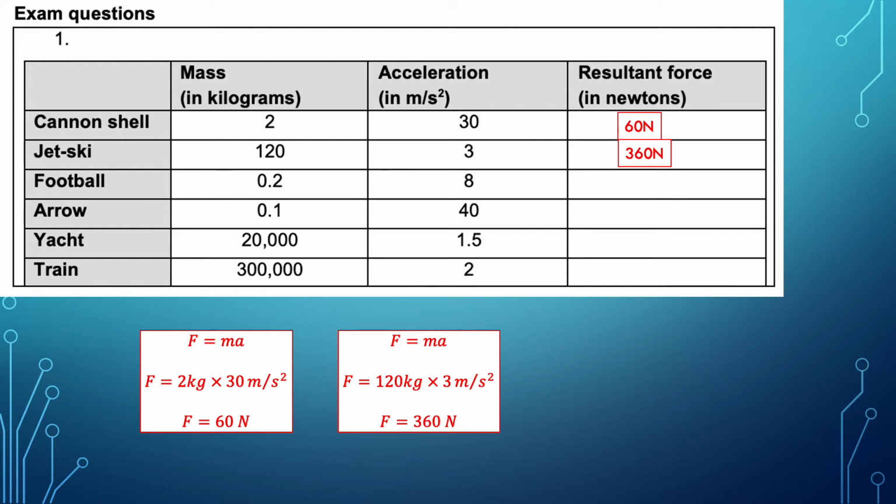So that's your second answer right there. Hopefully this puts into perspective that you have a lot of force, but your object is a lot heavier than just a cannon shell. So using this process, go ahead and figure out the other 4. It should be pretty straightforward, and I'll let you pause the video and do that.